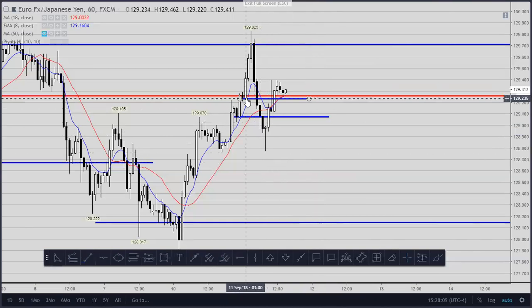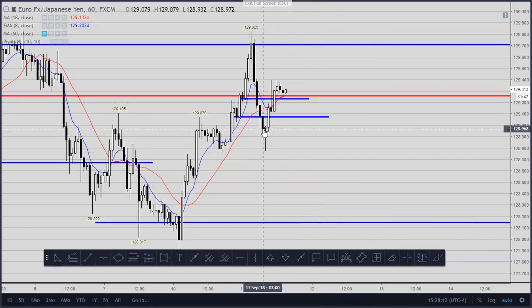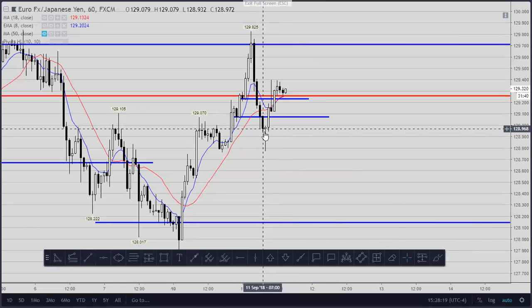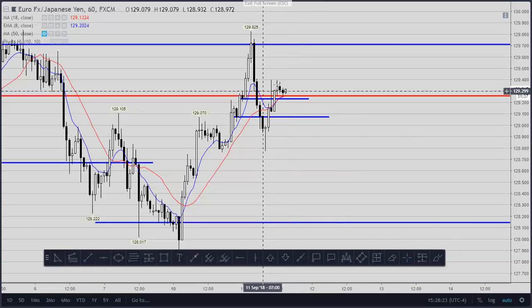I wasn't going to use this one because we didn't have a break and then a break and close. This one was a break. Oh, yes, we did. I'm sorry, I take that back. So we had a break and close, which indicated to me that price is going to retrace back into these levels and give me some type of entry reason to go short, at or around 129,300. Pretty much where I have my entry now.